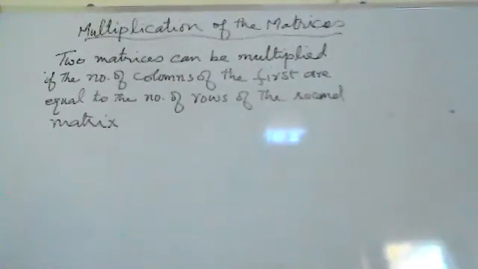So this is the conformability of the two matrices. They are called conformable for the multiplication.